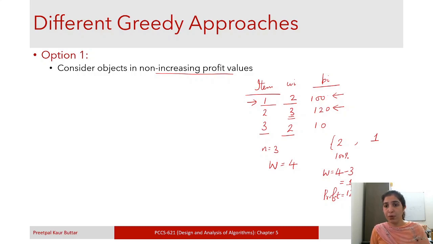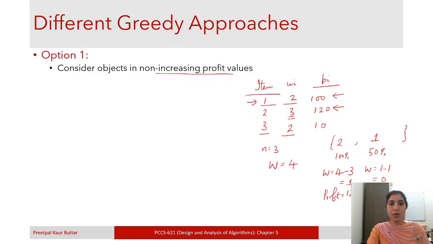So we have to pick only 50% of it, so that W is equal to 1 minus 1. Now we are left with 0. So the profit in this case is also 50%. Out of 100 we will get only 50. And the total profit which we are getting is 170. So this is the solution we get by choosing option 1.